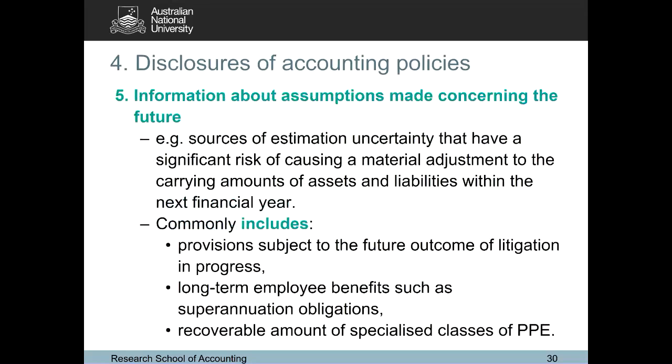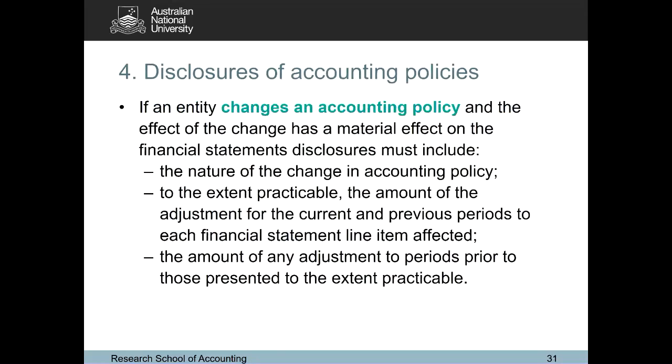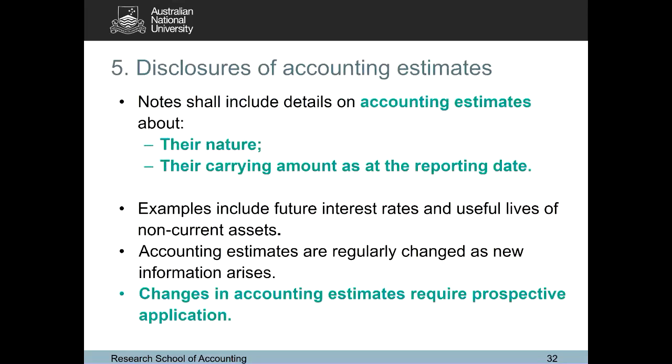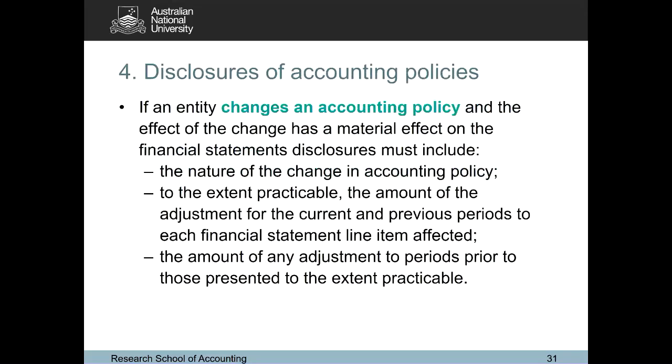Here I also give some examples. If you have changes in accounting policy, then we don't randomly change them. You either follow accounting standards, where the standard requires you to change. For example, the leases.